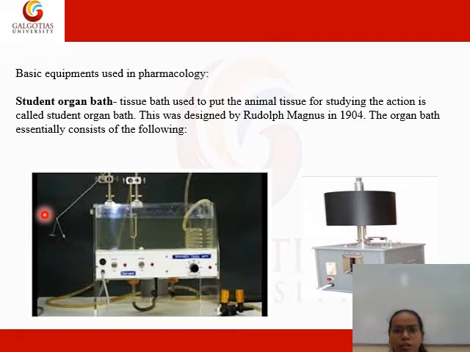A celluloid writing tip is attached at the end of the long arm. On this side, we attach the writing tip. The contractions are recorded as a curved line.